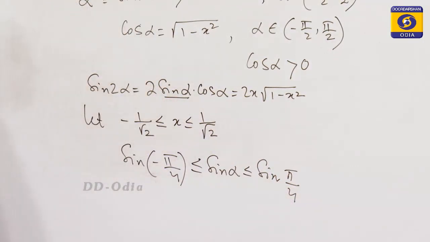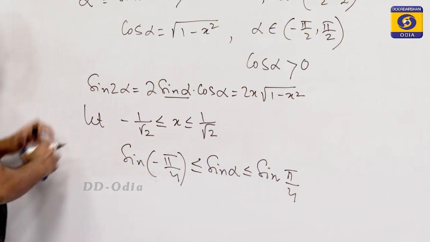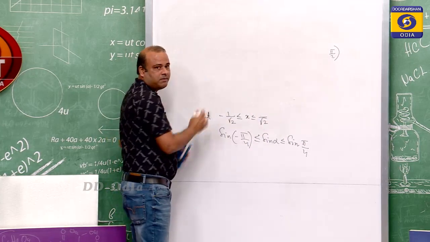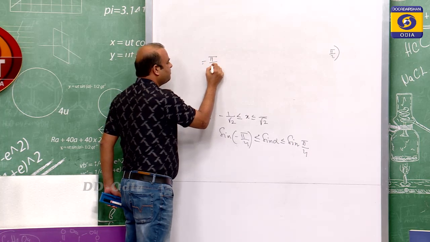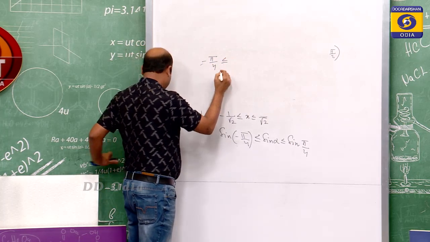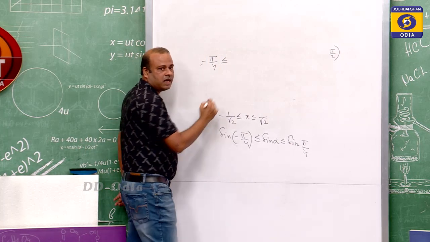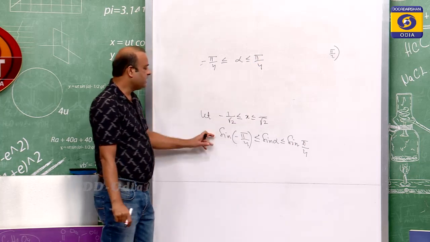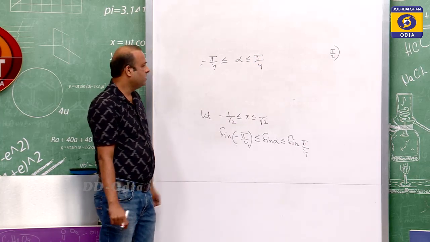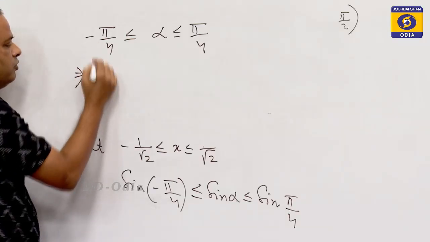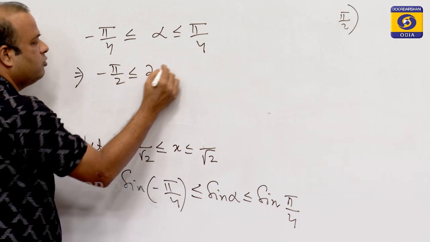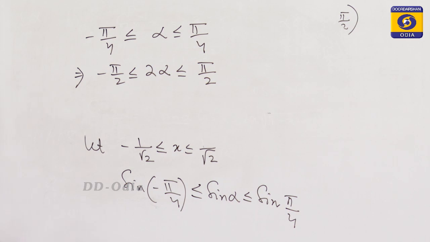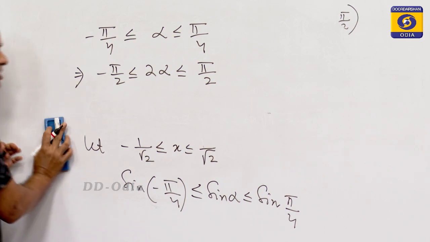So, minus pi by 4 less than or equal to alpha less than or equal to pi by 4, because sin is an increasing function. So, multiplying by 2, minus pi by 2 less than or equal to 2 alpha less than or equal to pi by 2. So, 2 alpha lies between minus pi by 2 to pi by 2, that is our condition.